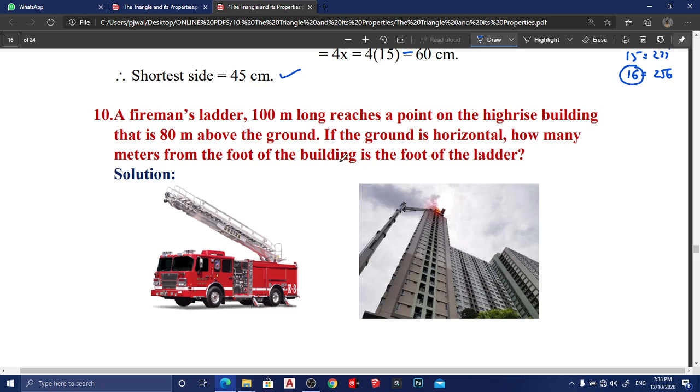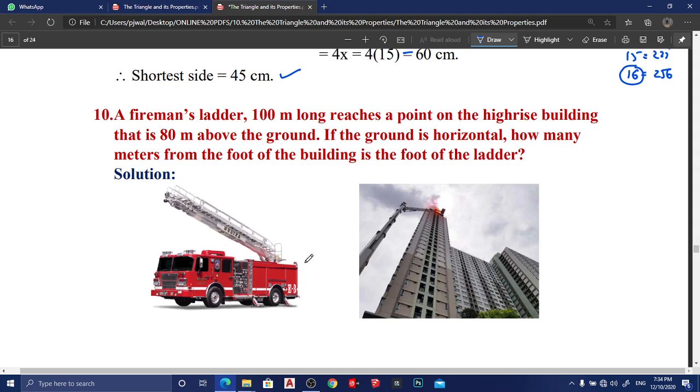So first, before going to that, you have to know what a fireman's ladder is and what the high-rise building point is. A fireman's ladder means this is the fire engine, and this is the ladder which can be stretched to hundreds of meters.